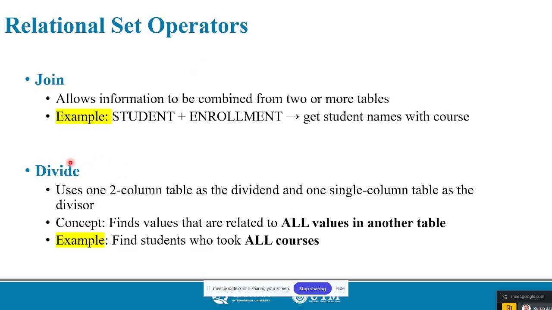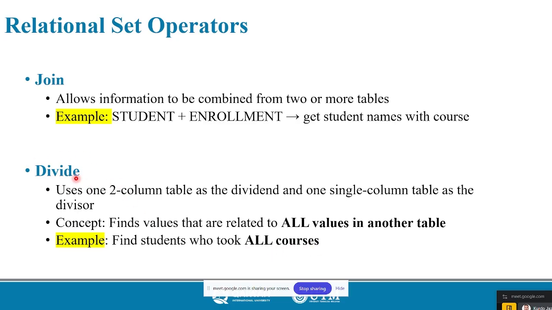Now we have another thing, divide. Divide uses a two-column table as the dividend and a single-column table as the divisor. Now, what does it mean? What does divide mean? The concept is to find values that are related to all values in another table. For example, find the students who took all the courses.